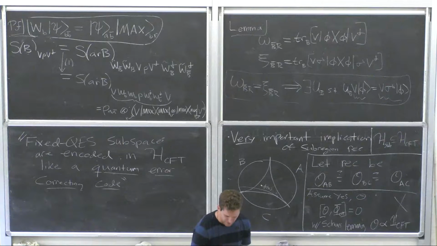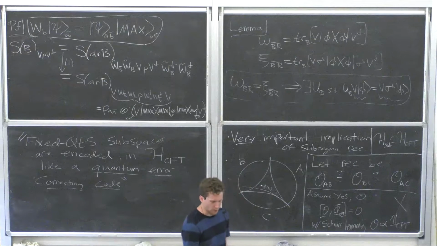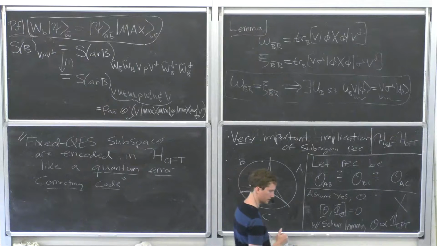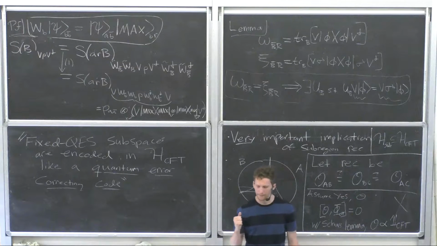Okay. Good. So next time, what are we going to do? We've established that we understand reconstruction in these fixed QES code subspaces, because subregions can reconstruct operators in their entanglement wedge there.